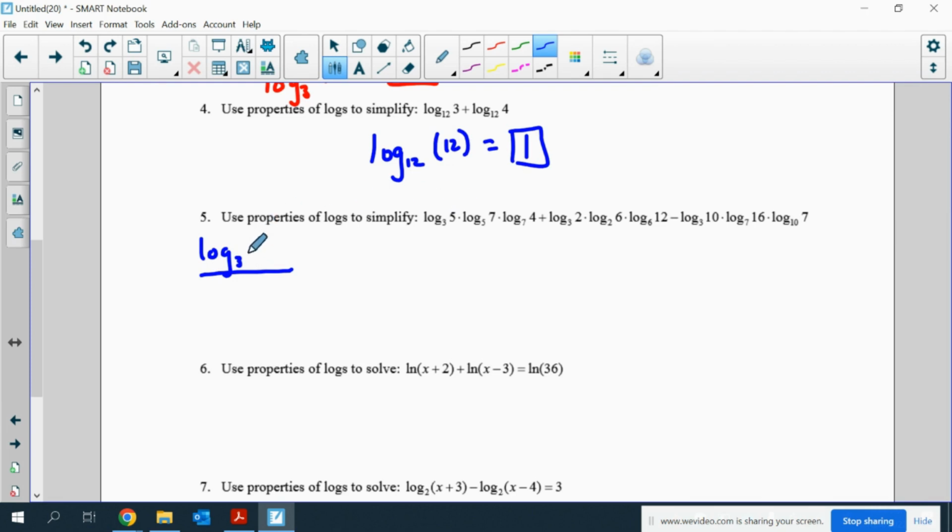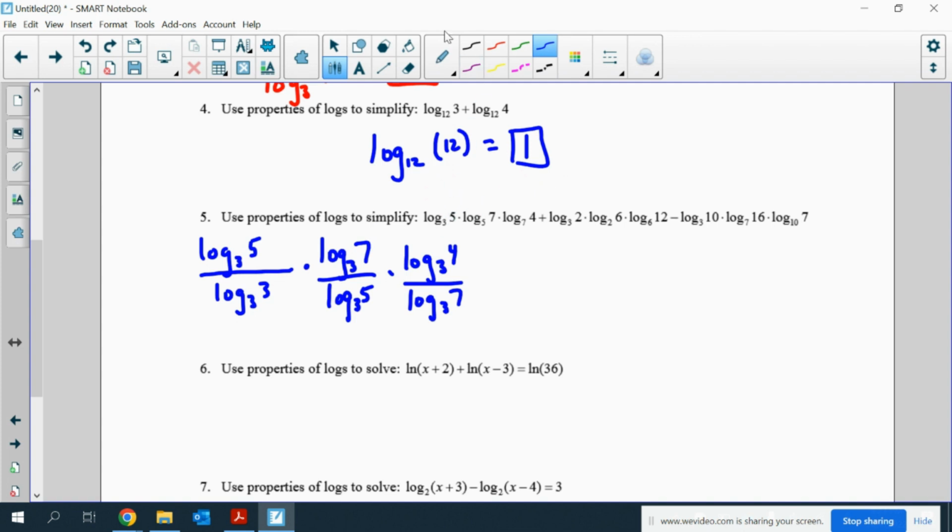So log base 3 of 5 over log base 3 of 3 times log base 3 of 7 over log base 3 of 5 times log base 3 of 4 over log base 3 of 7.